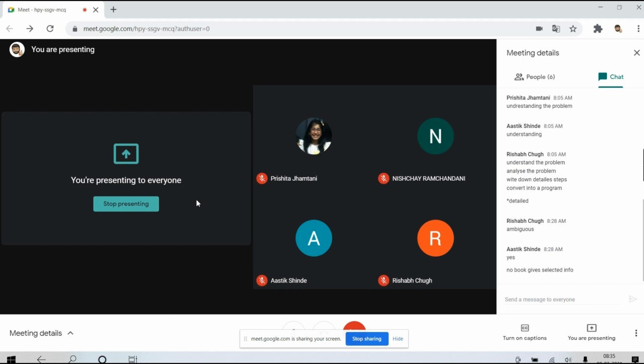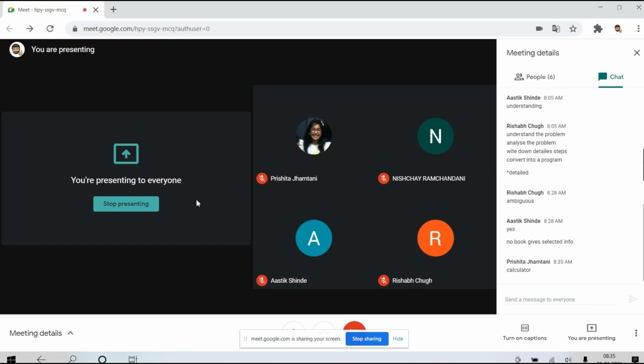Any one program which you have seen in your computer which is indefinite, means infinite, it's running, it never stops. Calculator. Okay, but you can stop it. If you click on the cross sign, it stops.